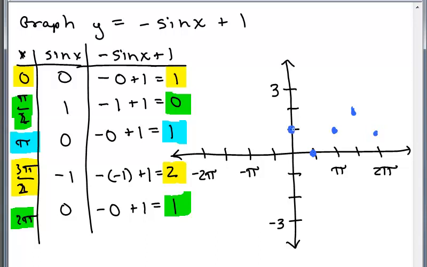All right, so notice it goes down first, right? And why does it go down first? Because of that minus sign, right? That minus sign means it's going to go down first. All right, so we could keep going here, get some more if you wanted to do 2 cycles.